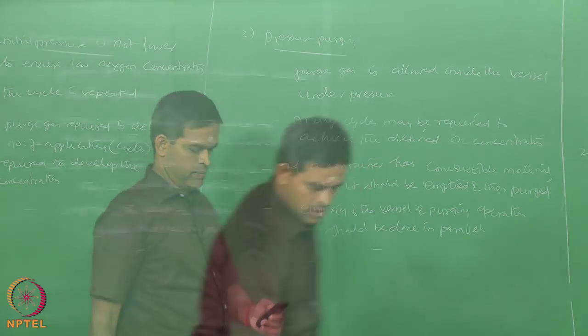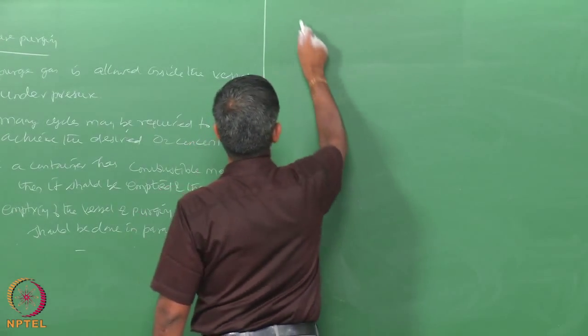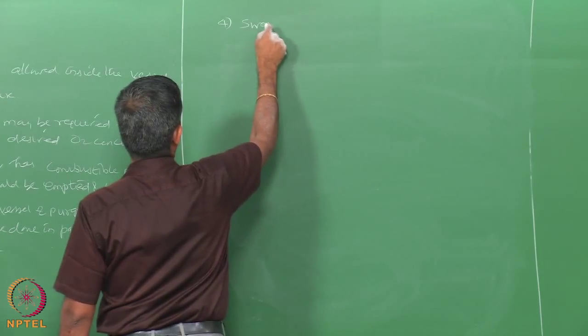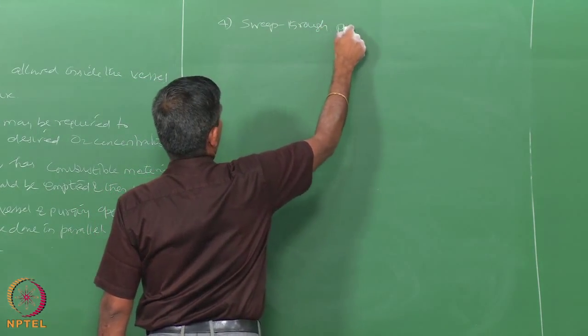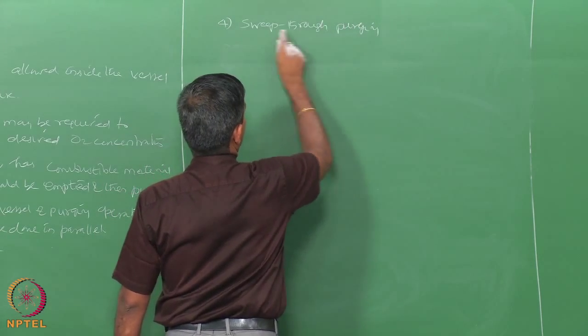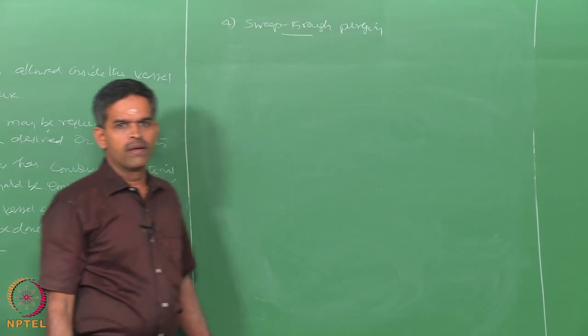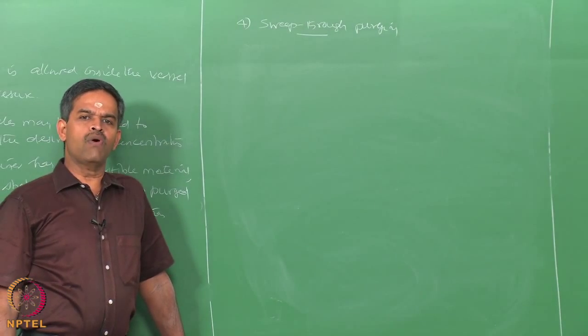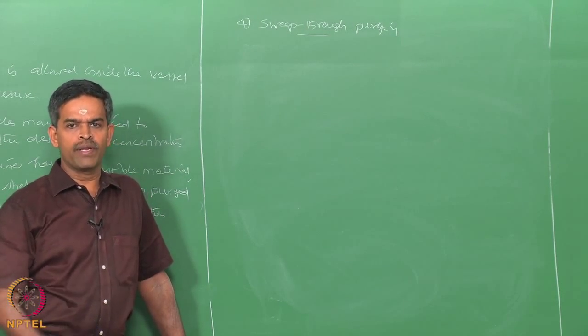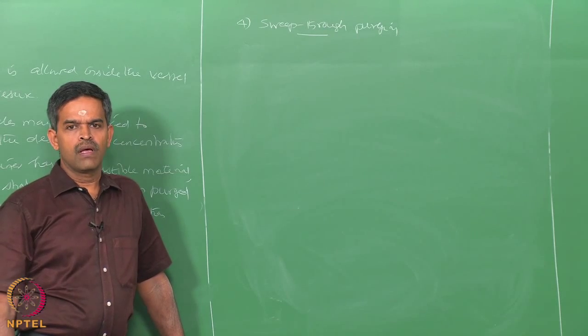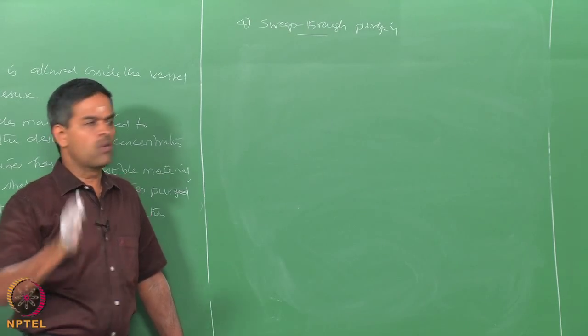That is important. Sweep through purging. This method actually involves introducing a purging gas into the equipment at one opening and letting the enclosure content escape to the atmosphere through the other opening.